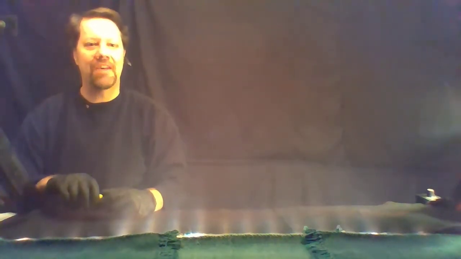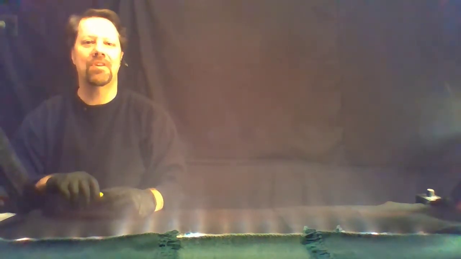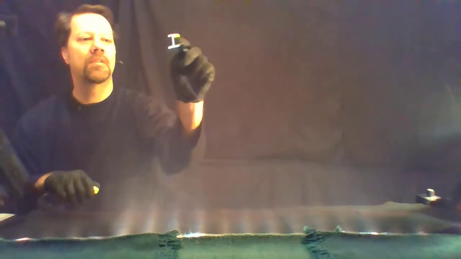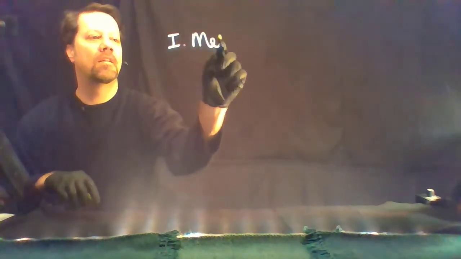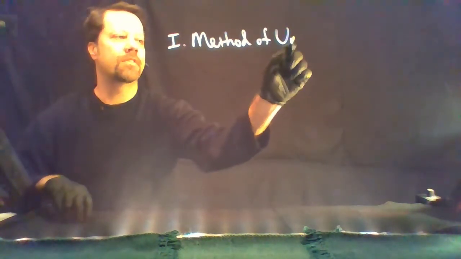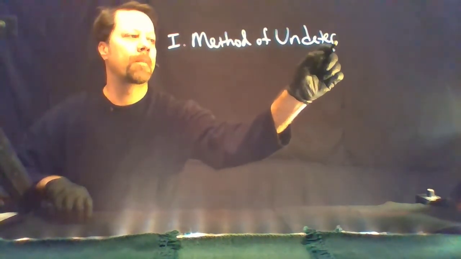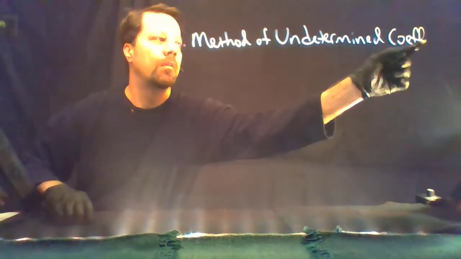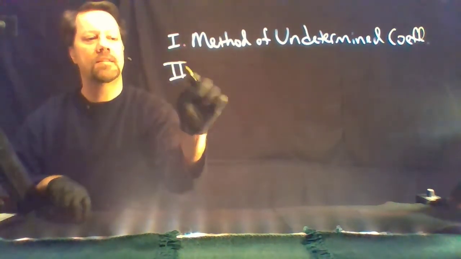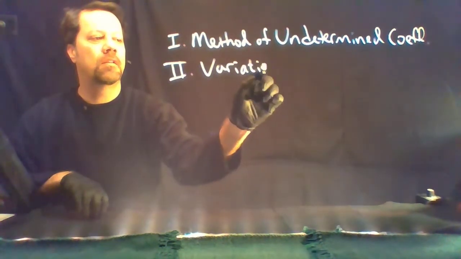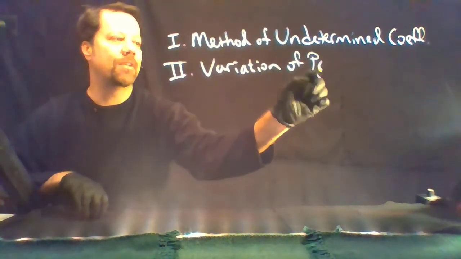We are going to have two distinct methods for solving these non-homogeneous problems. First, there's the method of undetermined coefficients. Second, a method called variation of parameters.